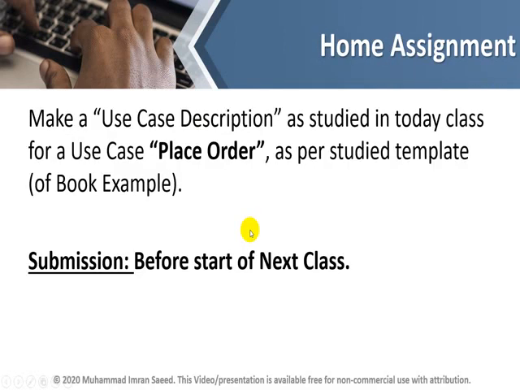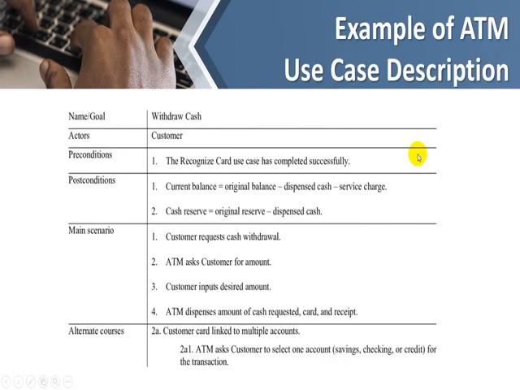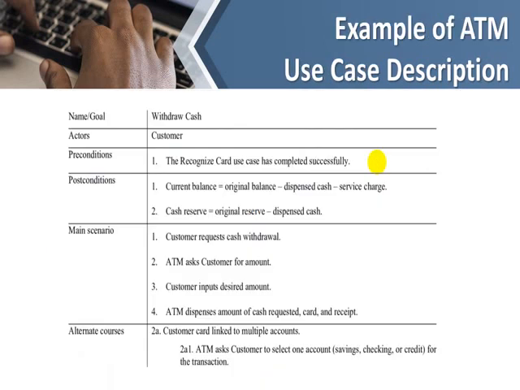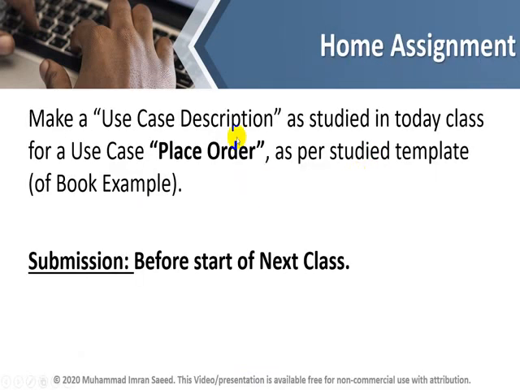Now, the home assignment. You will have to get the requirements for how to place an order, keeping in mind the template we have studied, the one we have seen over here, place bet. We will consider this particular template and write down a use case description for place order.